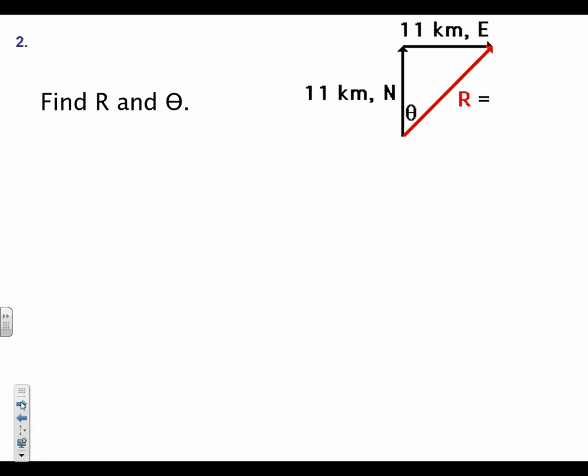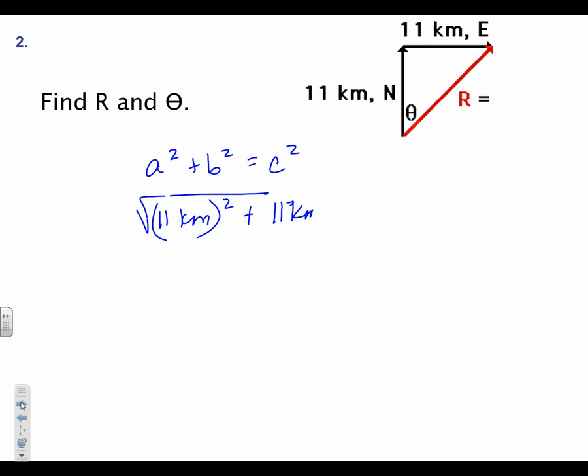The next one would be the same sort of thing, but I want to find my angle this time. First of all, I have two sides, so I could do a squared plus b squared equals c squared. In order to find c, I'd have to take the square root of 11 kilometers squared plus 11 kilometers squared.